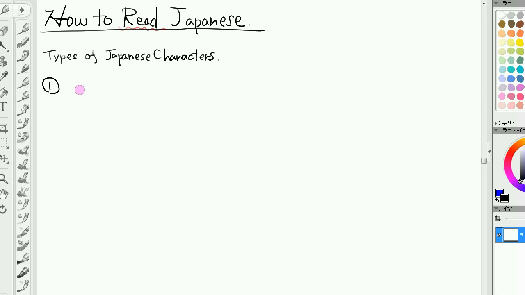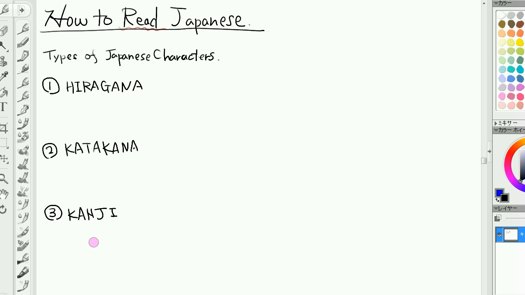One is what we call hiragana, two, katakana, and number three is called kanji.